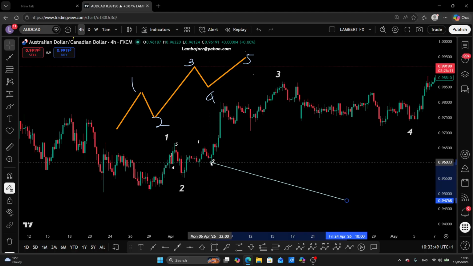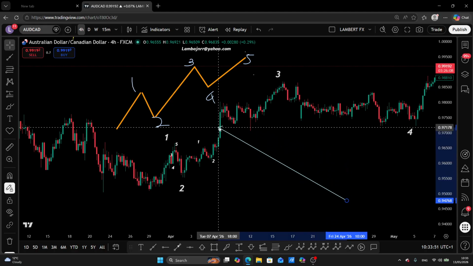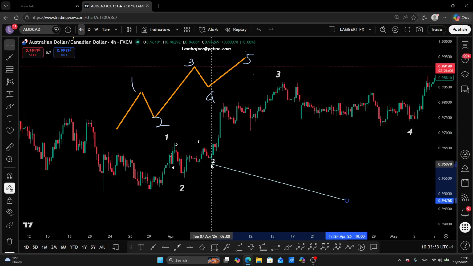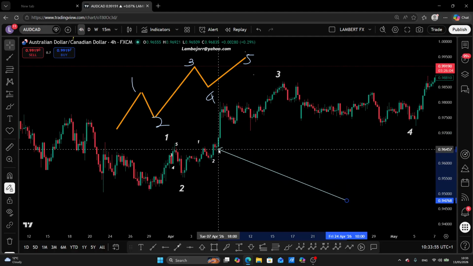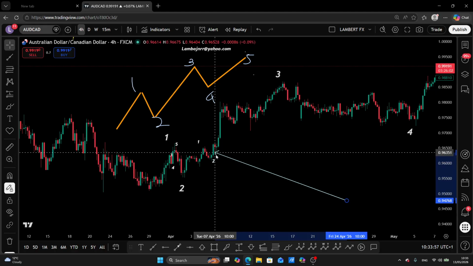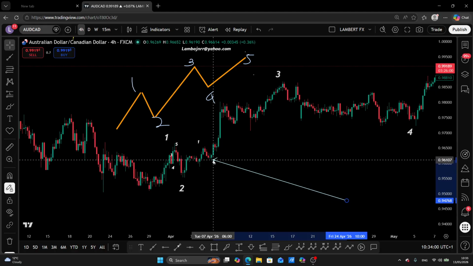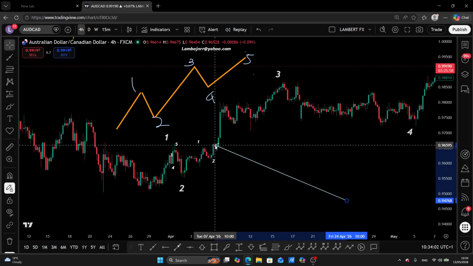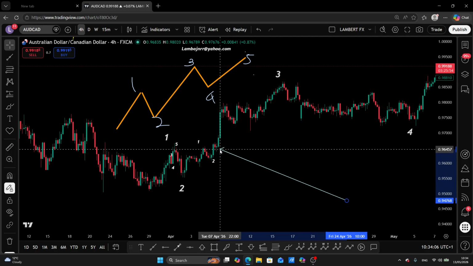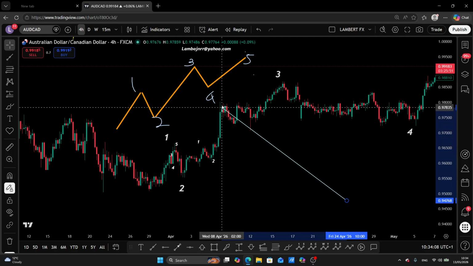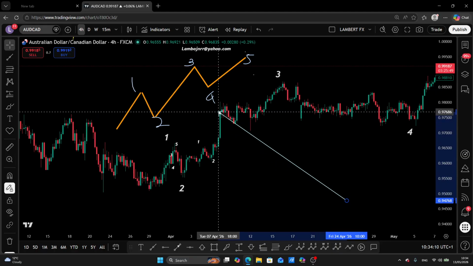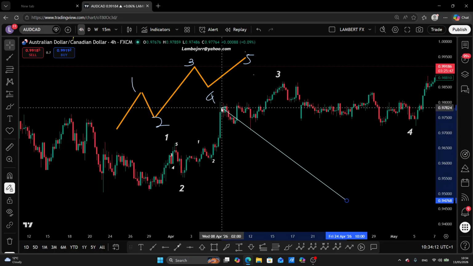After your 2, you need another 5-leg up for 3. So you have your 1, 2. Again, the rules are the same. This leg up here must contain a 5-leg up on a lower time frame. So this is 1, and then 2, and then you have your 3. This 3 leg up here must contain a 5-leg up also.